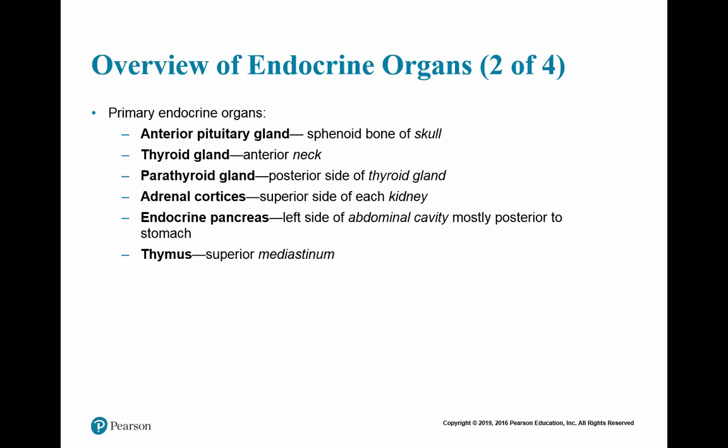The adrenal cortices, which is the outside of the adrenal gland that sits on top of each kidney. The endocrine pancreas, that's mainly on the left side of the abdominal cavity, and it stretches across underneath the stomach. And then we have the thymus gland that sits in the mediastinum above the heart.